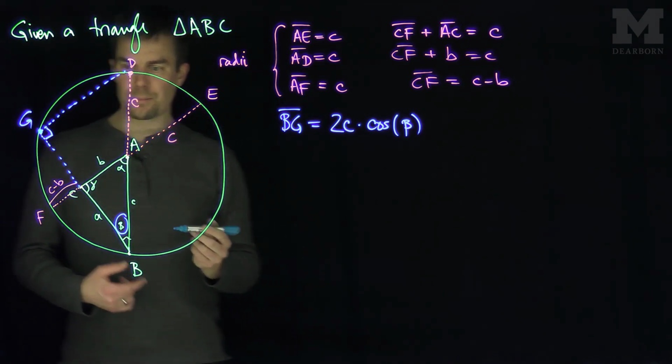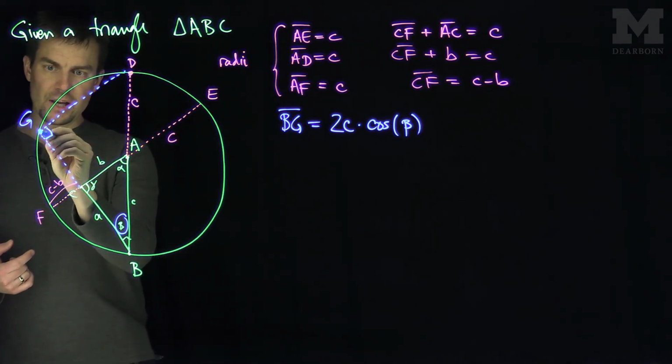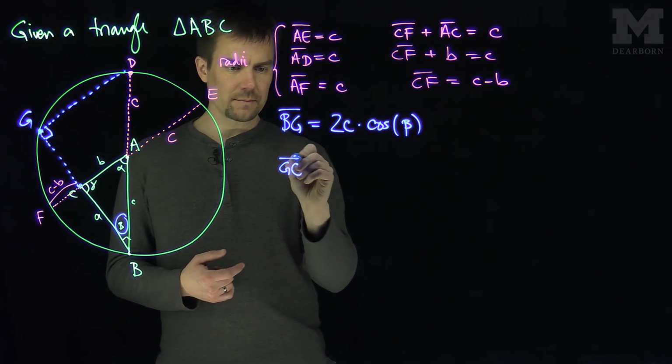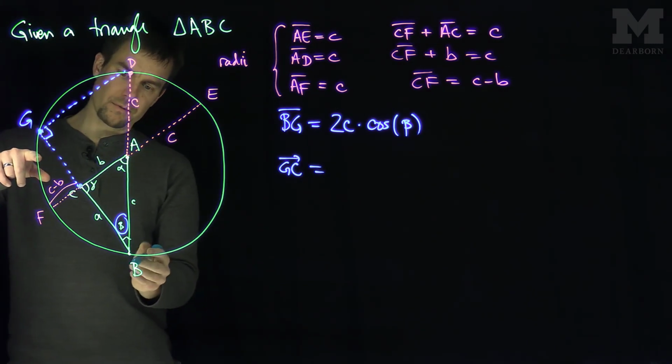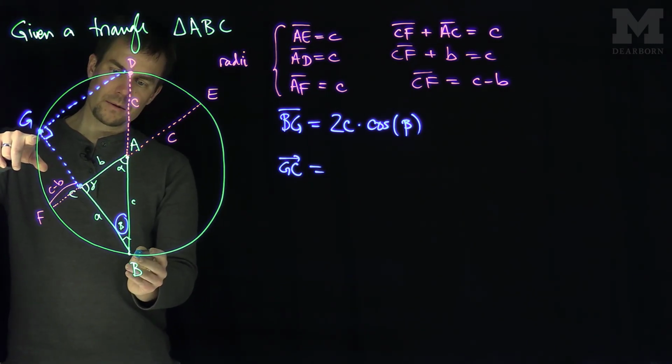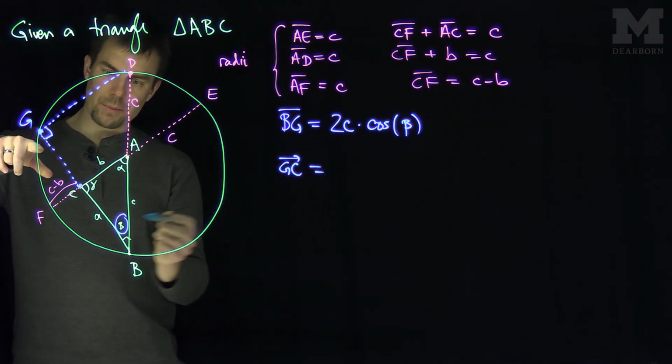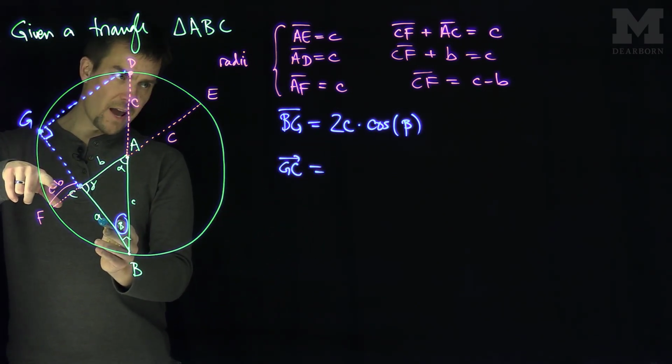So now I'm able to actually compute what this length from G to C is. Well, I know cumulatively that G to B is going to be equal to what? G to B we just found to be 2c cosine beta. And so now we have an a over here.